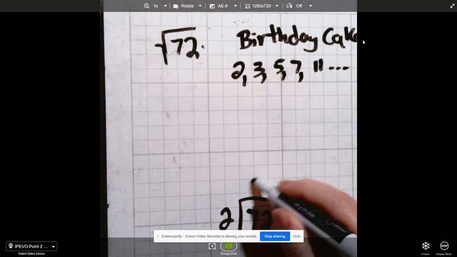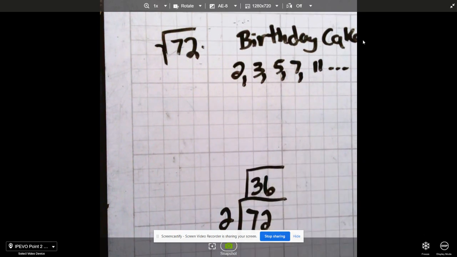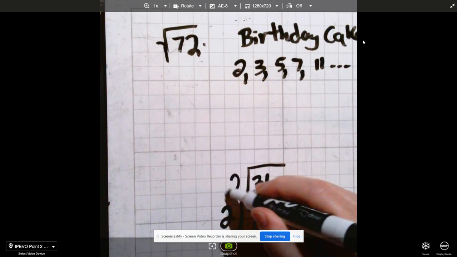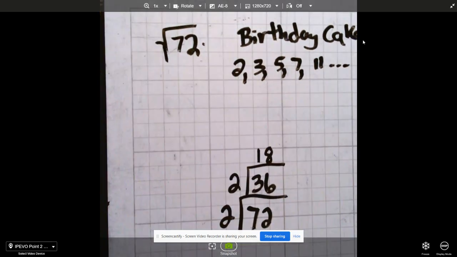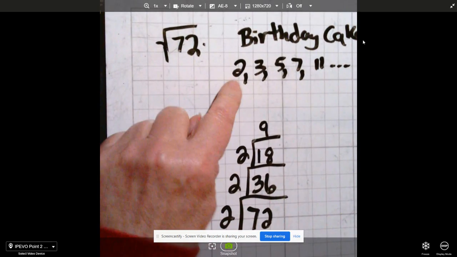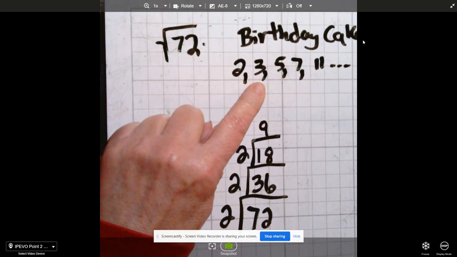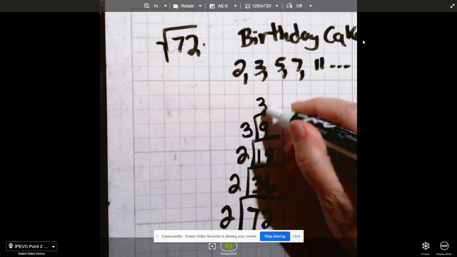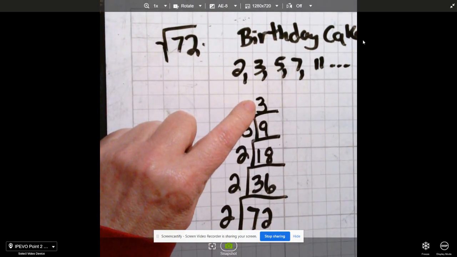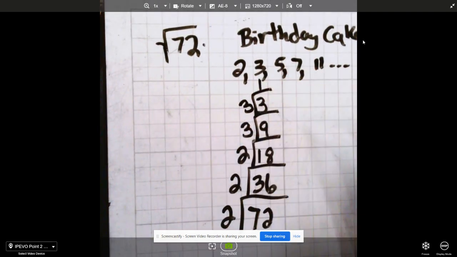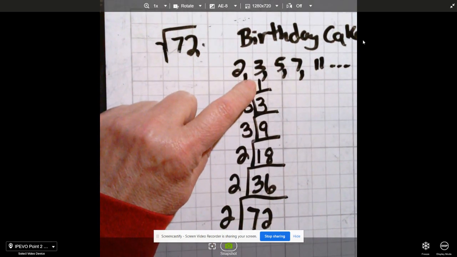So I'm going to divide it by 2. 72 divided by 2 is 36. Well, 36 is divisible by 2, so I'm going to keep going. 36 divided by 2 is 18. Well, 18 is even, so that's divisible by 2, so I'm going to divide it again by 2. I get 9. Well, 9 is not divisible by 2, so now I'm going to go to the next one, 3. Well, 9 is divisible by 3, so I'm going to divide it by 3. Well, 3 is not divisible by 2, but it is divisible by 3, so I'm going to divide it by 3. And you know you're done when you have a 1 on top.